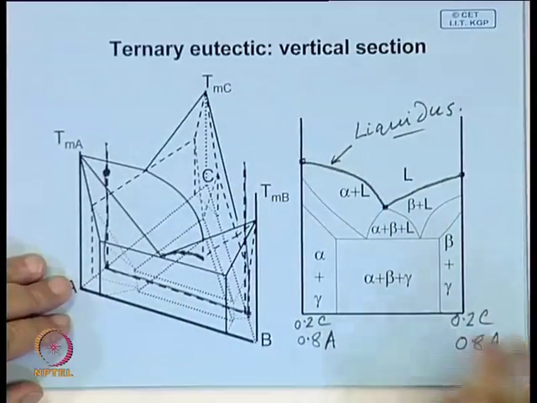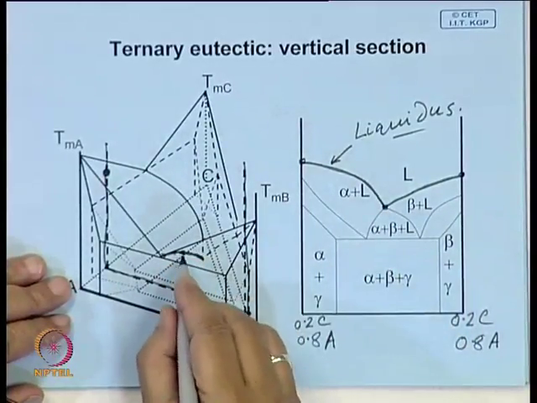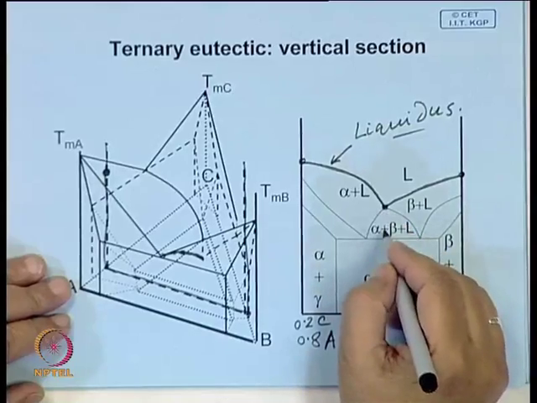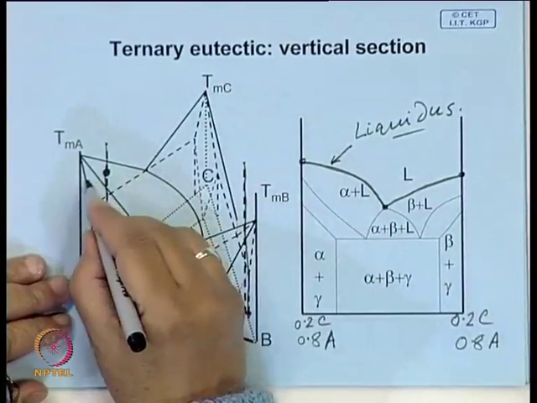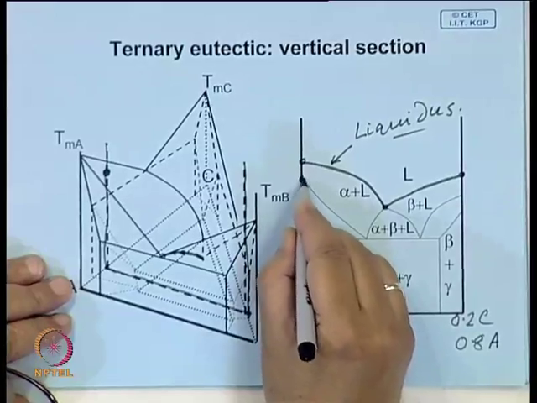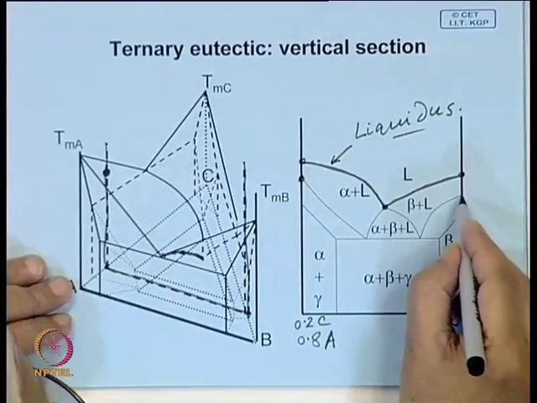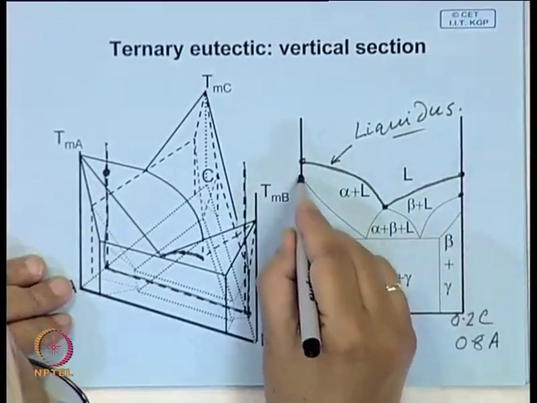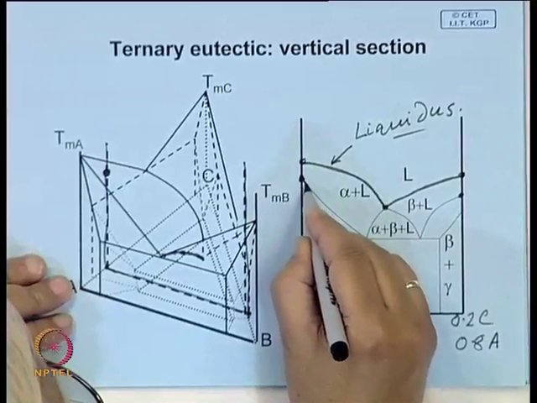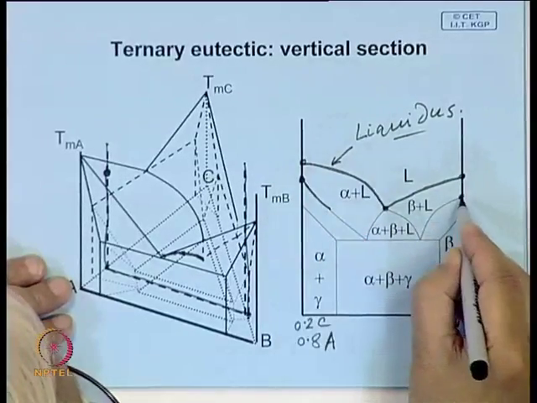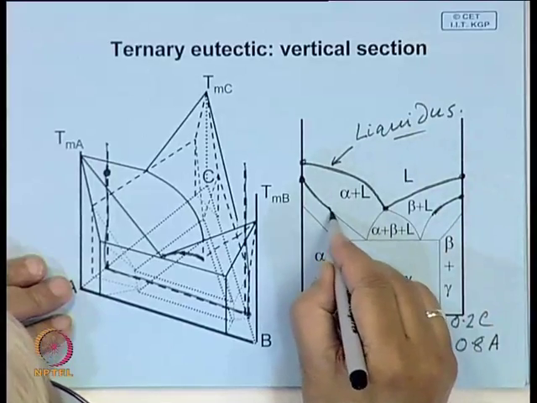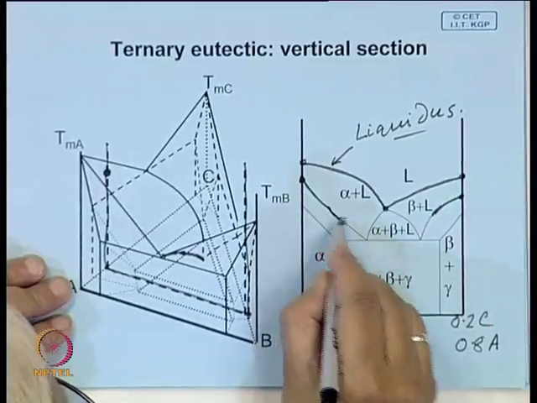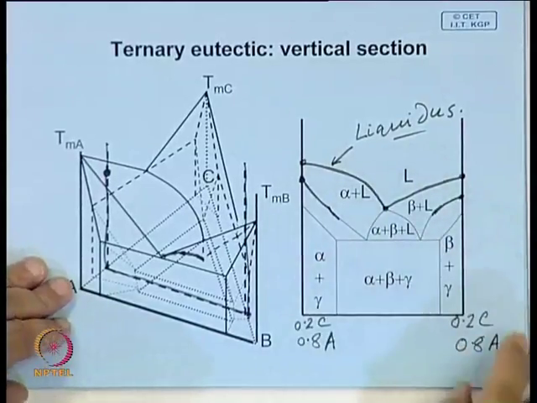Now, to understand what will happen beneath this temperature region, there will also be a temperature here where it intersects the solidus, and this will be the curve which follows the intersection with the solidus surface.